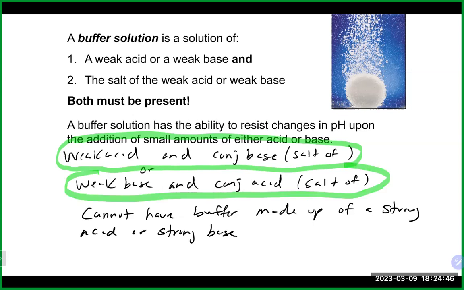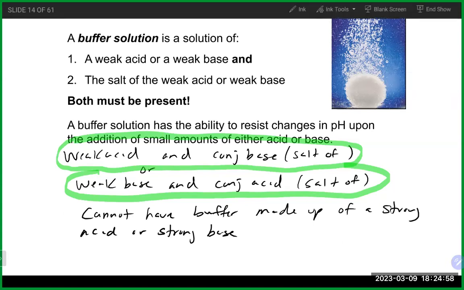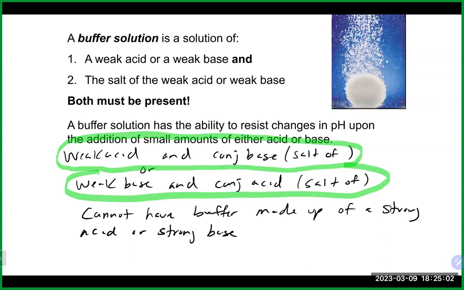Now, if I try to make a buffer out of a strong acid or a strong base, the problem with that is a strong acid and a strong base, they will do what? Will they stay together or completely break apart? Strong acid or strong base will completely break apart.